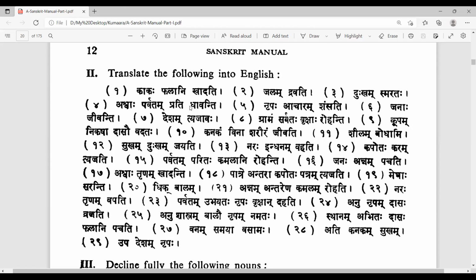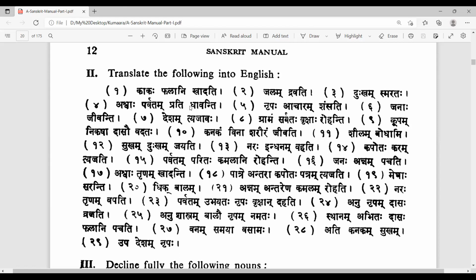Okay, next: patre antara kapotaha patram tyajati. Tyajati is the kriya padam. Kaha tyajati? Kapotaha tyajati. Kutra tyajati? Patre antara. Which vibhakti is patre, and which vachanam?